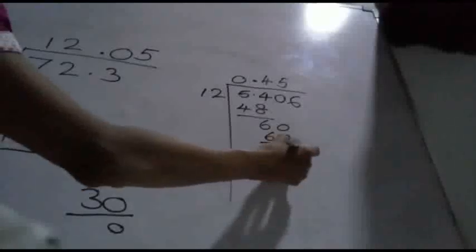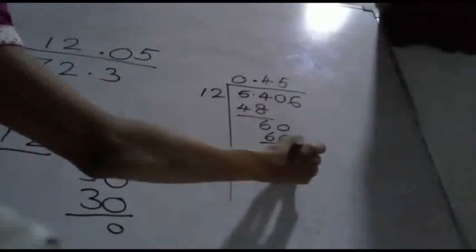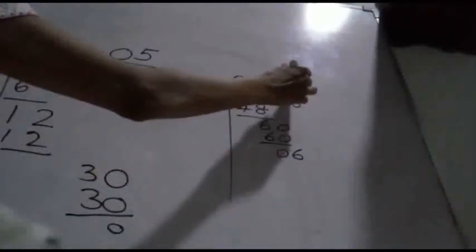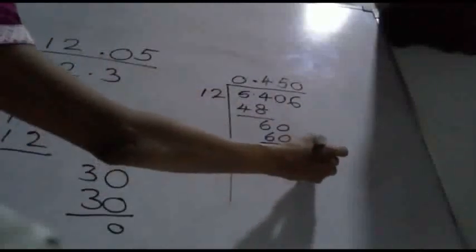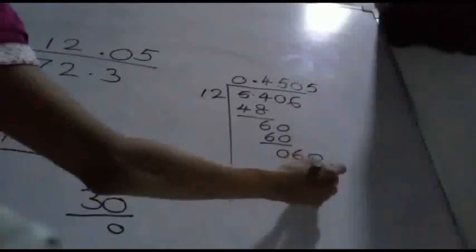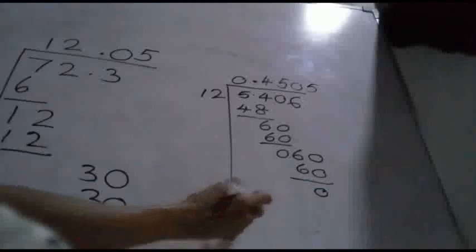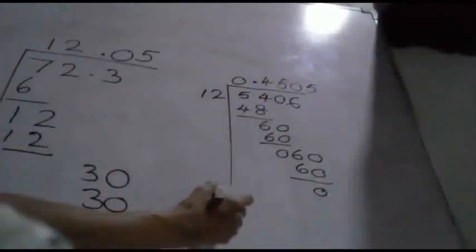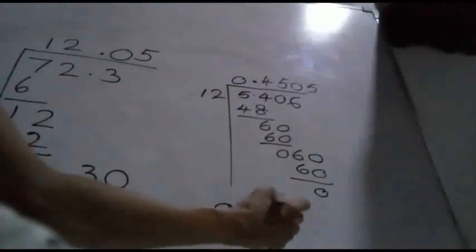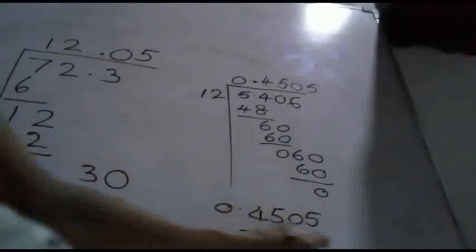Subtract from 60, 0. We write 6 here. We write 0. We add 0. 12 times 5 is equal to 60. 60 subtract from 60, answer is 0. So the answer is 0.4505.